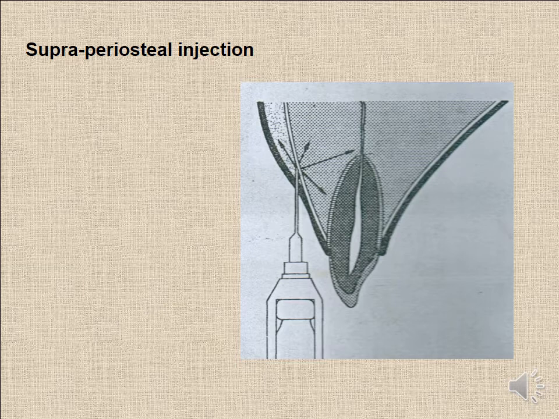When given, the local anesthetic solution can pass through the cortical plate and cancellous bone and reach the nerve end of the tooth on which you need to do your procedure, such as extraction or another dental procedure. This is the supraperiosteal injection and it is very common.